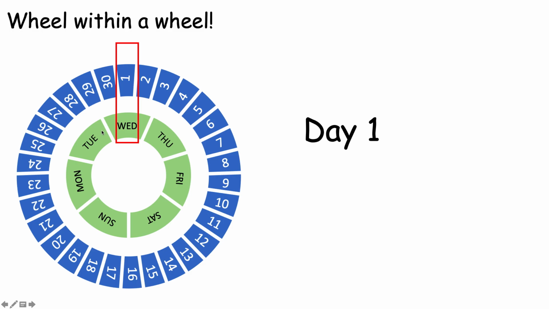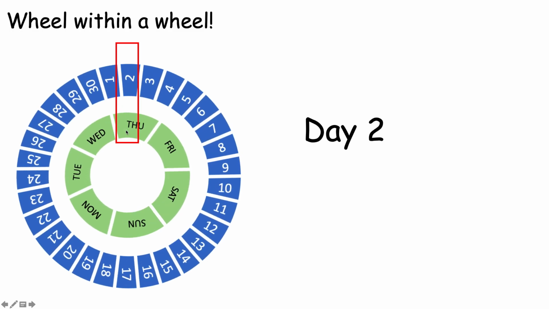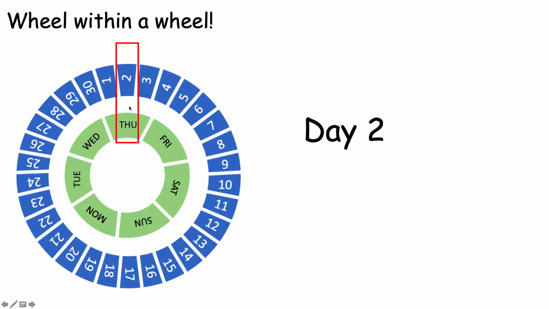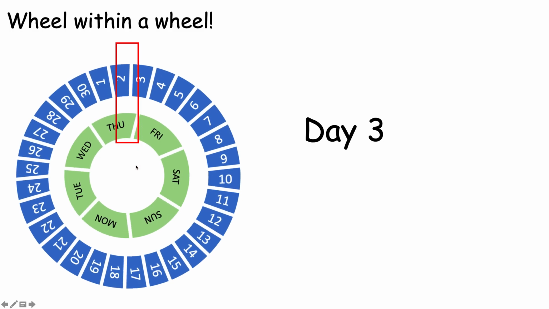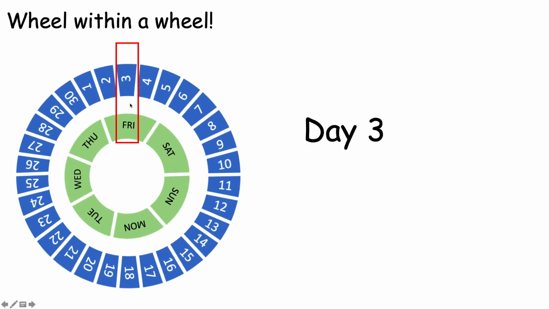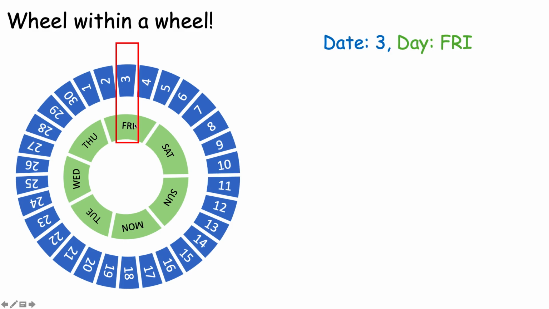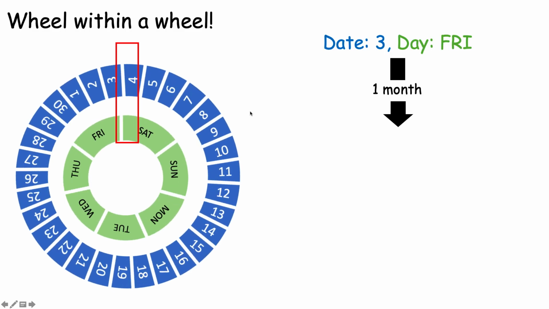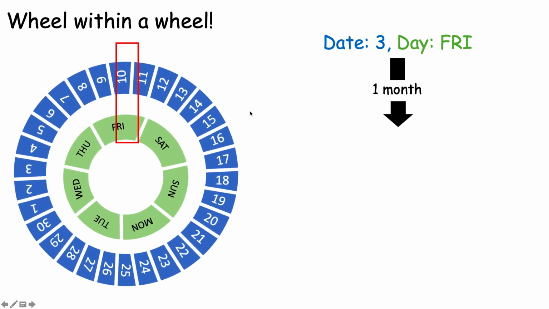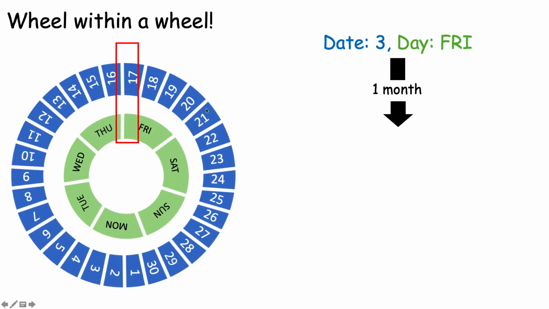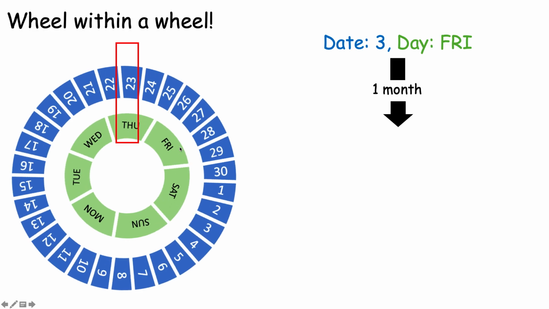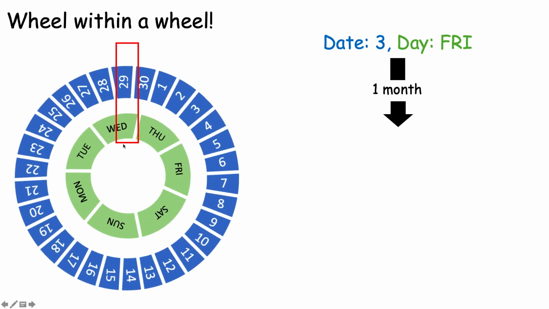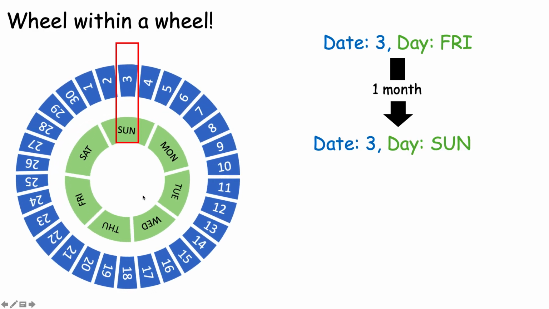So if the first day of that month is a Wednesday, then the passage of a particular day means this blue wheel and this green wheel rotate by a certain amount. Same for another day. And say the third day of this month is a Friday and we want to go past 1 month, then this month wheel will rotate once, whereas this week wheel will rotate 4 times and then a little bit.